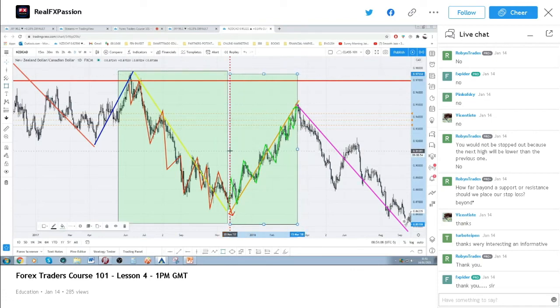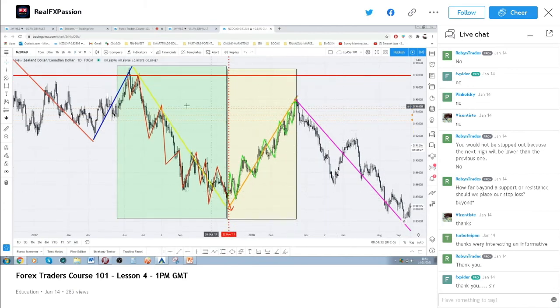Can you see the short-term downtrend on the daily chart? The market was making lower lows, lower highs, lower lows, lower highs, lower lows, lower highs. And then when the extension was the market, higher highs, higher lows, higher highs, higher lows. And you are going to find this, everybody, on every currency pair and every time frame.